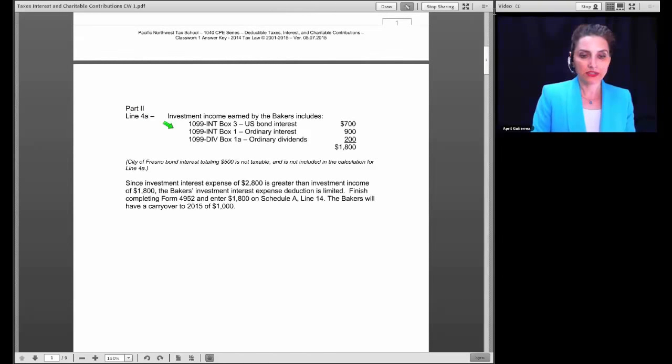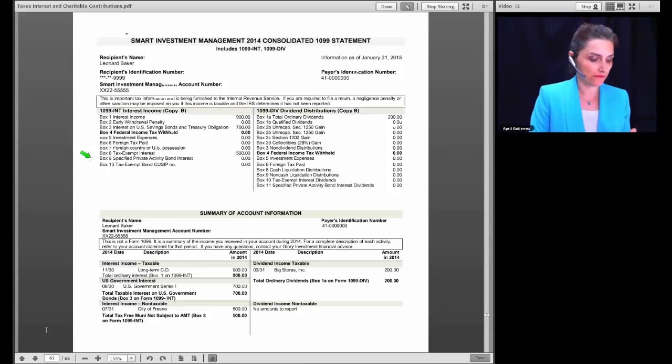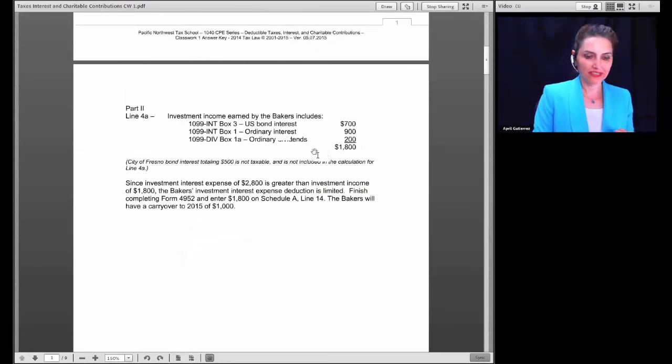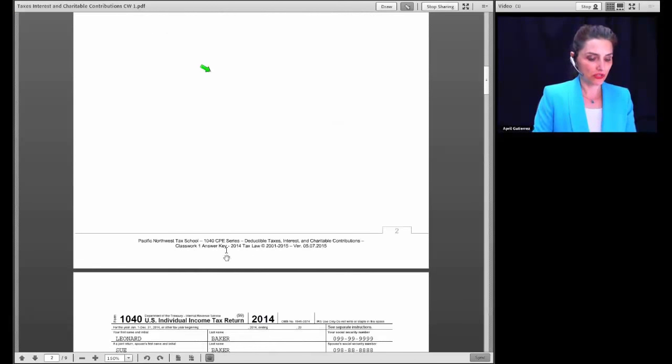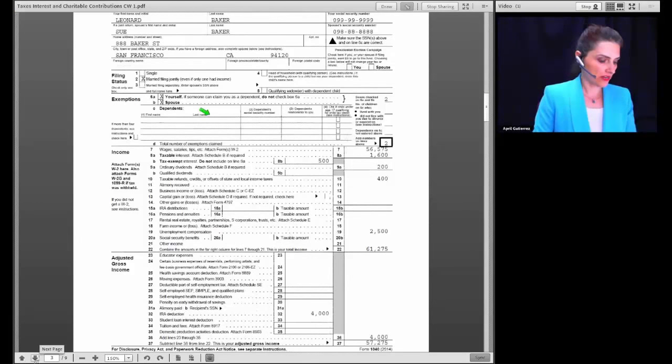And this tax-exempt interest amount down here, that's not includable as investment income. So we're going to go back to the answer key again, and we're going to see that this is where I get that $1,800 figure for investment income. Now we're going to move over to their 4952.